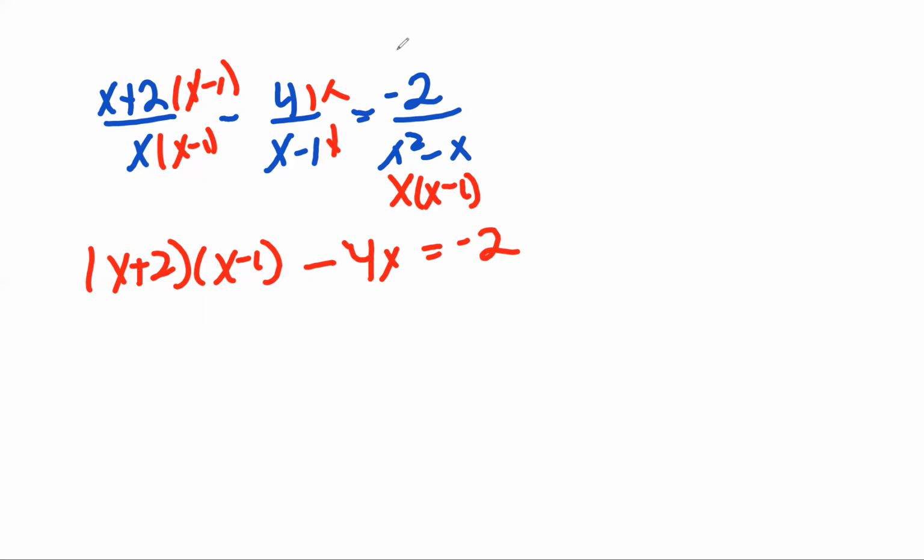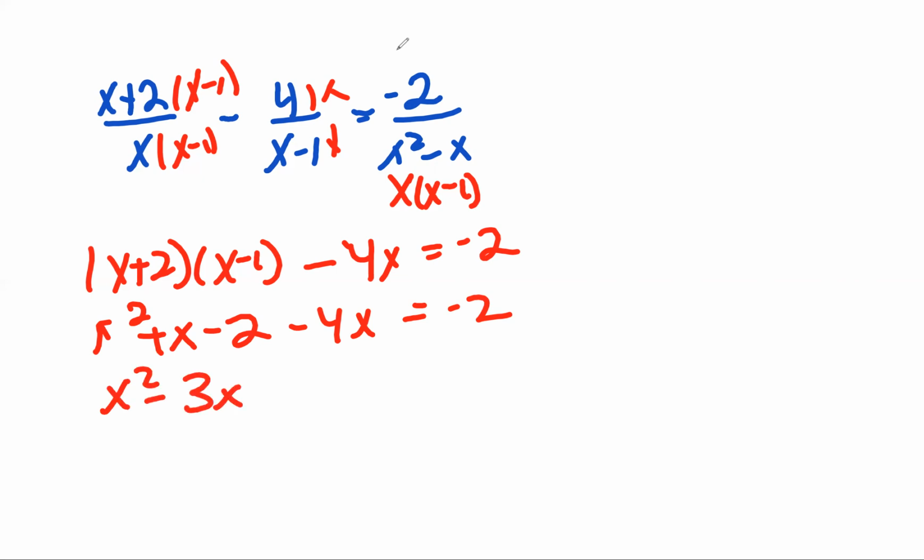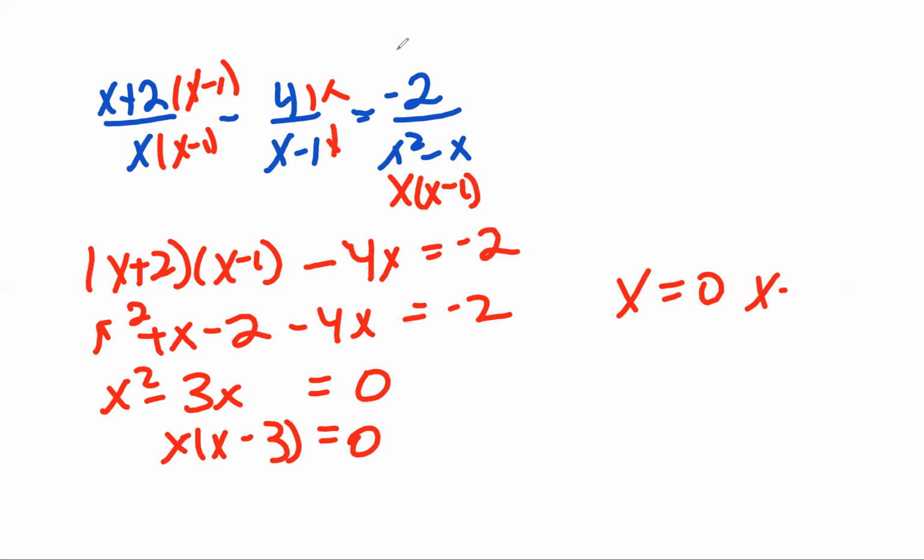Foiling or distributing that out, x squared plus x minus 2 minus 4x equals -2. X squared minus 3x is equal to 0. Factor that out, and I get x is equal to 0, x minus 3 equals 0, so x is equal to 3 and 0.